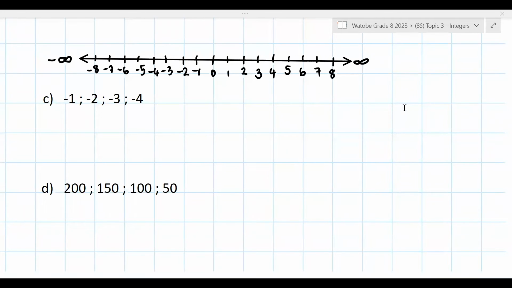On number C, it's -4, then -5. Good. -6. Good. I did give you -4, so we need one more. -7. Good. Well done, Tatenda. Very nicely done. Well done, guys.